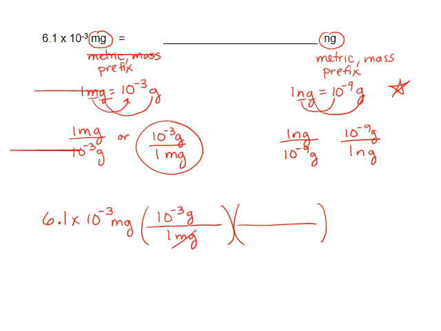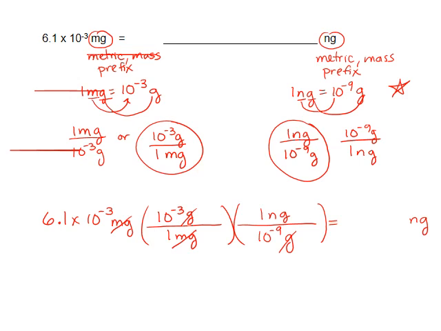This will allow us to cancel the milligrams. Any unit divided by itself cancels. If we were to stop here, we would have our answer in grams, but we wanted to find the nanograms. So we want to choose this conversion factor here that puts nanograms in the numerator and grams in the denominator. Again, this allows us to cancel the units of grams and get our final answer in nanograms.